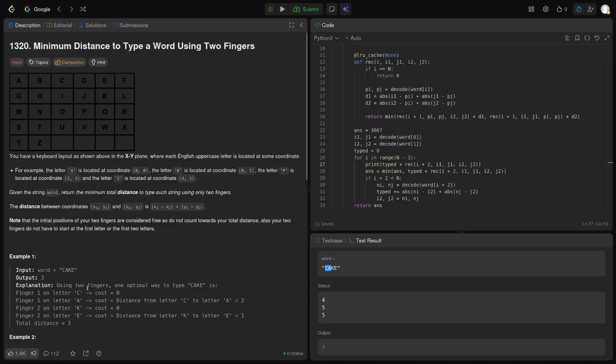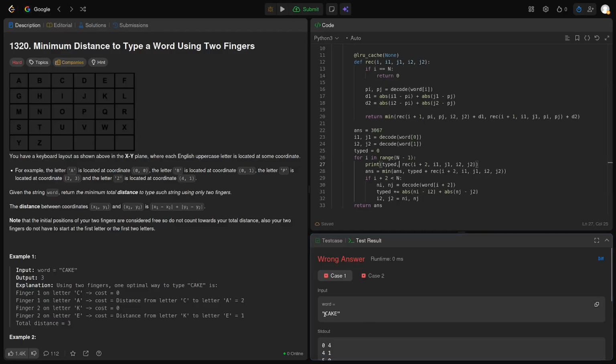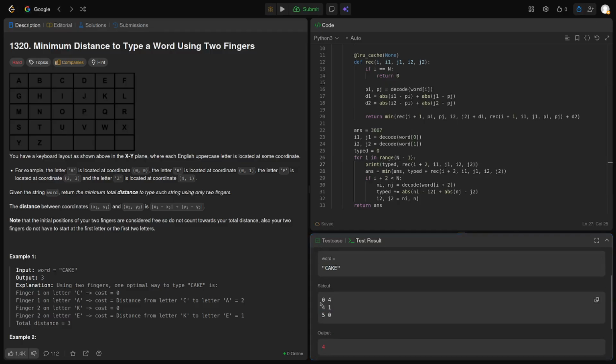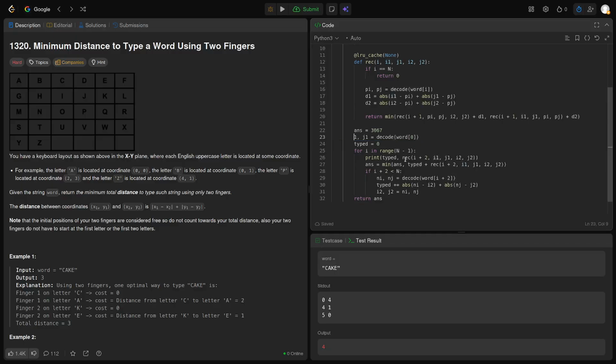So what they say is optimal here: finger 1 on C and finger 2 on K. Finger I, finger J, right?